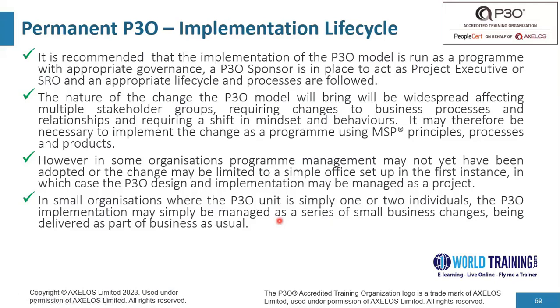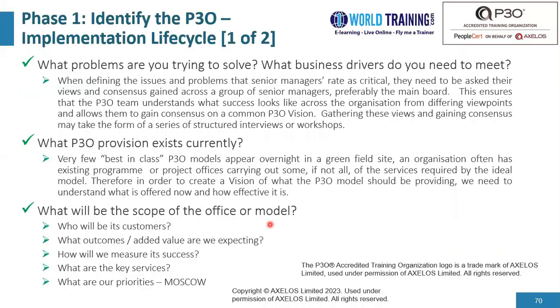Now let's do a deep dive on each of the phases of the implementation life cycle. Let's begin with phase one. So what are the questions we are addressing as a part of phase one thinking? We're asking the question, what problems are we trying to solve? What business drivers do we need to meet?